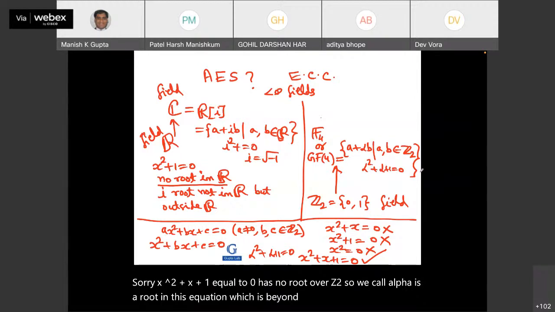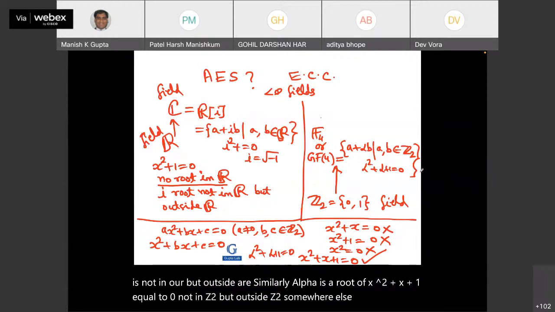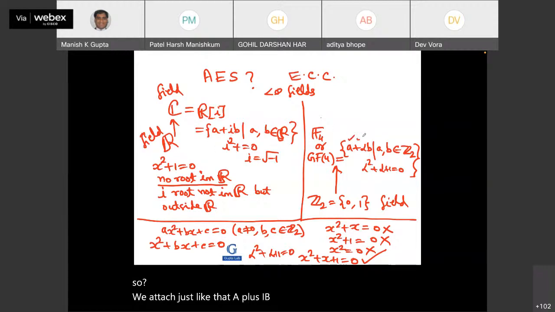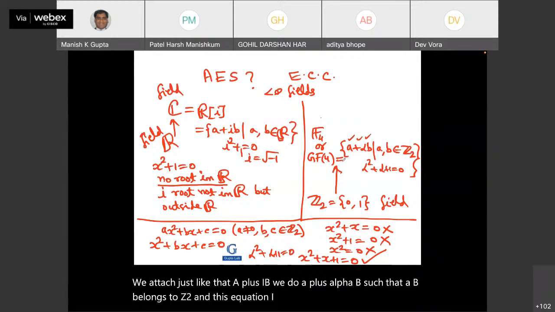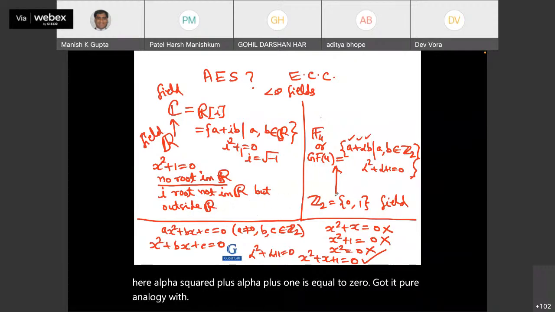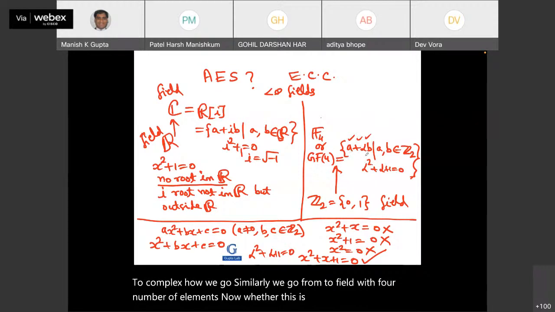Just like in the reals, we assumed i is a root of the equation x square plus 1 is equal to 0, which is not in R but outside R. Similarly, alpha is a root of x square plus x plus 1 equal to 0, not in Z2 but outside Z2, somewhere else. So we attach, just like a plus ib, a plus alpha b such that a and b belong to Z2, and this equation i square plus 1 is equal to 0 becomes alpha square plus alpha plus 1 is equal to 0. Got it? Pure analogy with real to complex. Similarly, we go from Z2 to a field with 4 elements. Whether this is a field or not, we will check now.